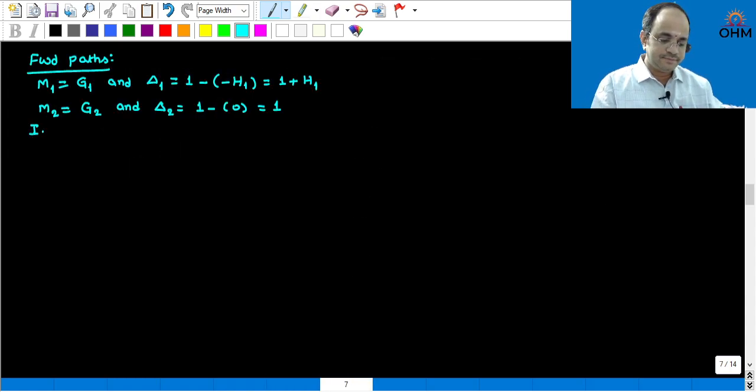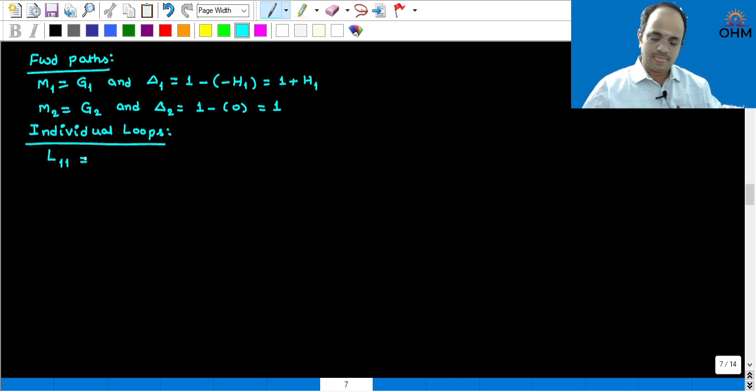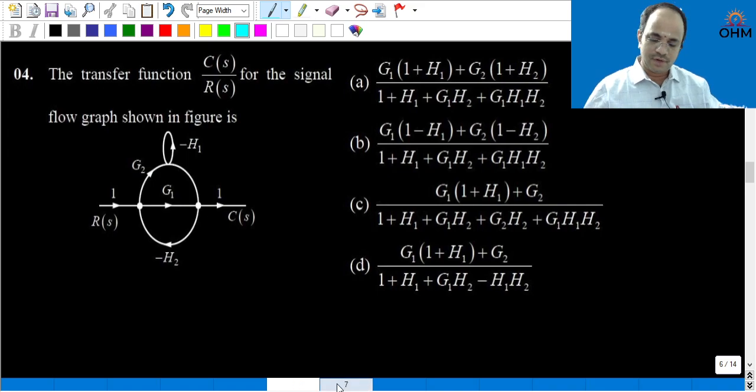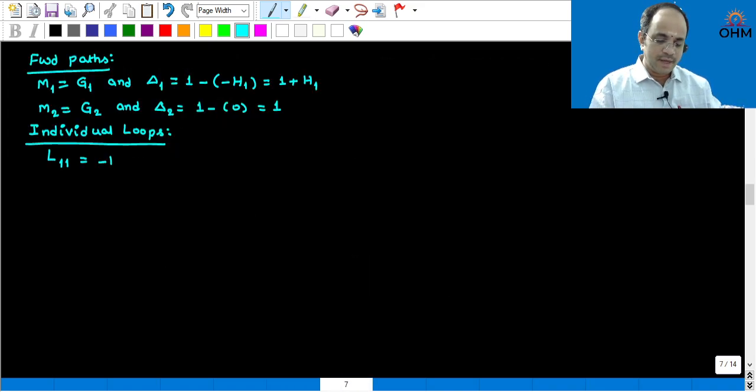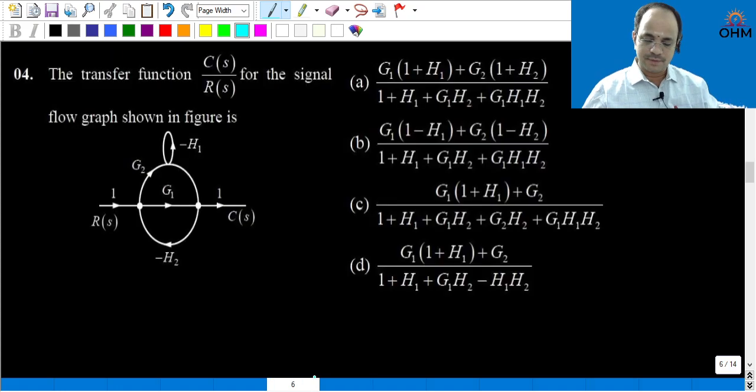Next one, you need to consider individual loops. L11 is equal to, first you have to take minus H1, order it is up to you. You need to identify individual loops, as many as possible.